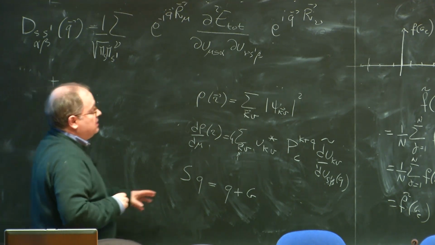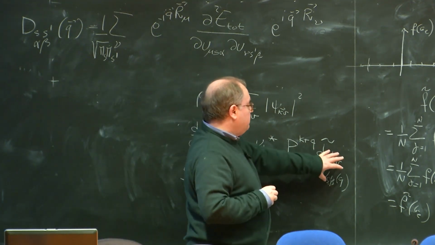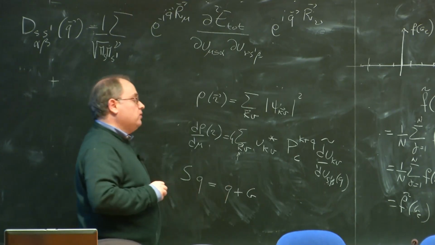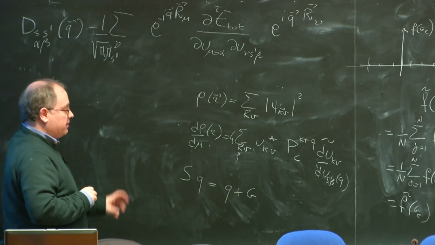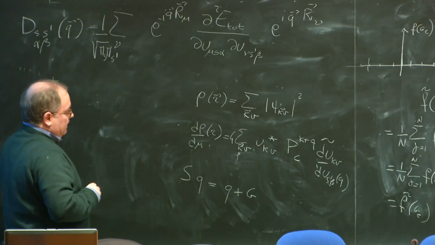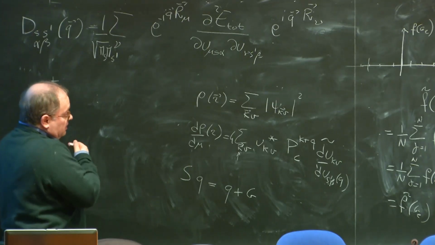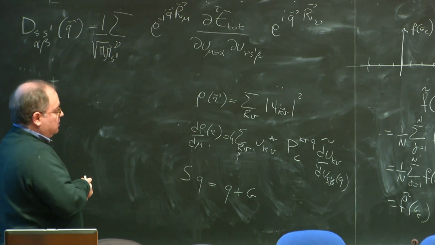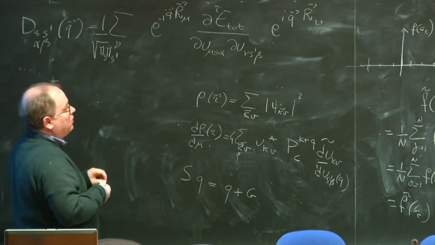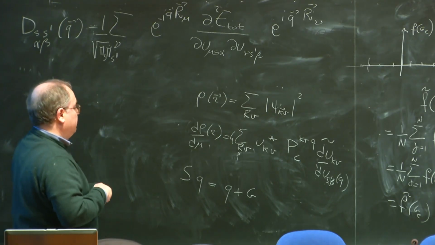The other choice is to bring all the perturbations at the q and at the rotated q vectors. All the rotated q vectors are called the star of q. And this was in the original version of the phonon code, but then it was found that it was not very convenient. It was more convenient to do a single q vector.